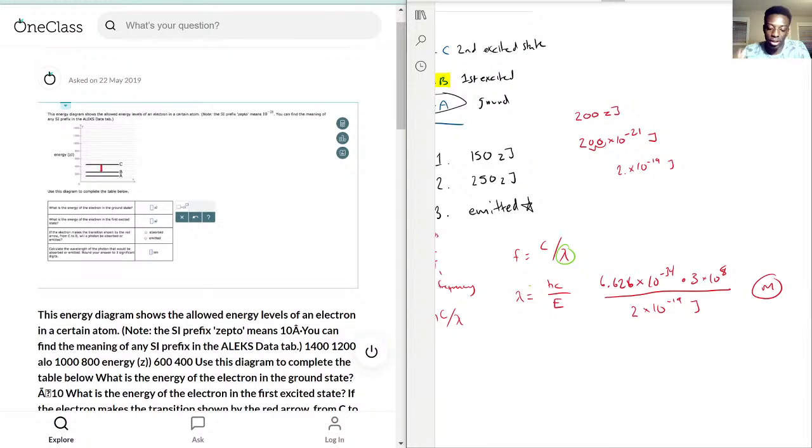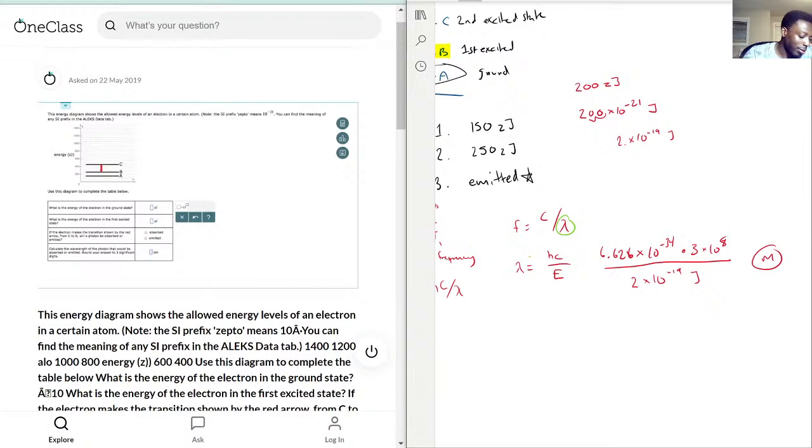So you just plug this into a calculator, and you get a value of 9.94 times 10 to the negative 7 meters. That is the wavelength. But this question specifically asked for it in nanometers. Nanometers is 10 to the negative 9.